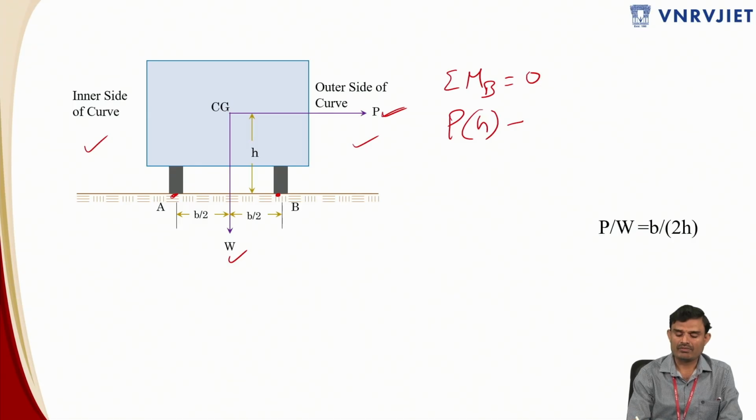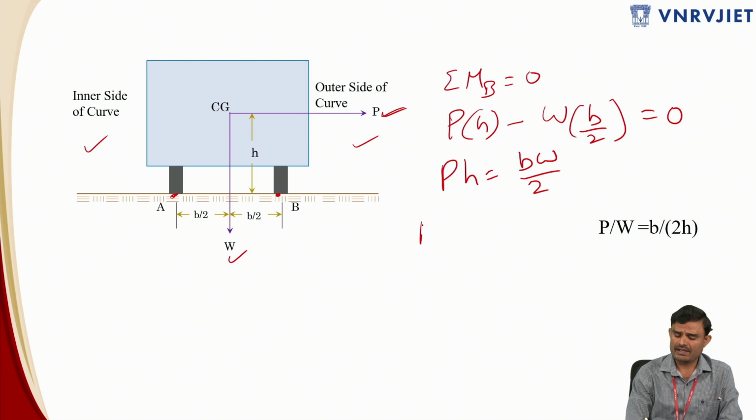The other force acting over here is the weight of the vehicle, W, and it is acting at a distance of B by 2. This is equivalent to 0. So if you simplify this, PH is equal to BW by 2, and again I want to get the parameter P by W over here. So P by W is equal to B by 2H. This is the second equation that I am getting over here.